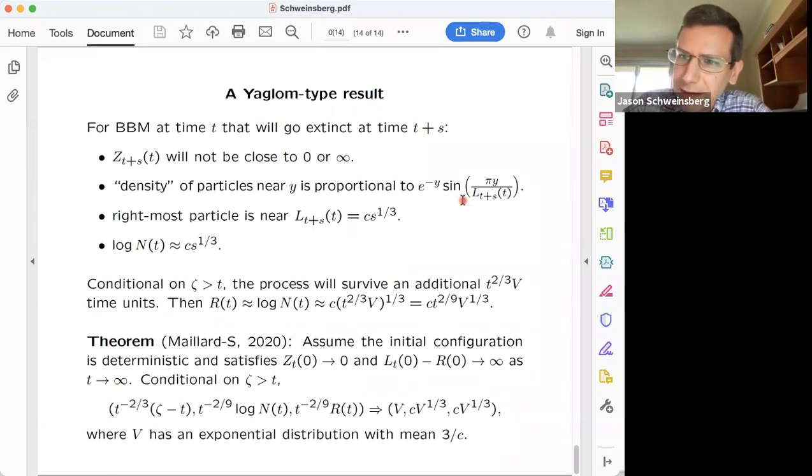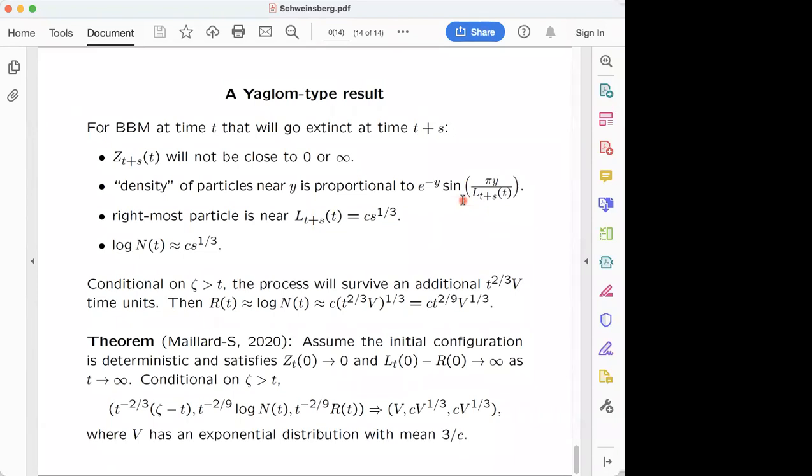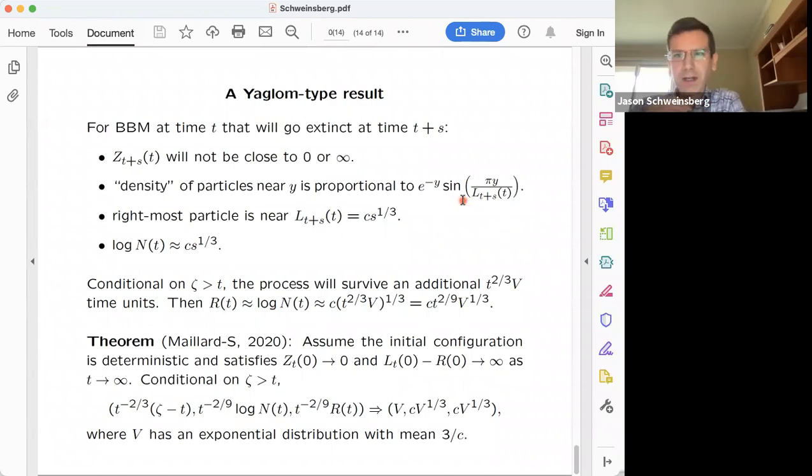Is that what you have in mind here? Well, you have a rightmost particle here. So yes, what I have in mind is you write the branching process as a point process, and view it as a Markov process taking values in point measures. Is it possible to have some kind of Yaglom result on this space of point measures? Okay, I understand now.